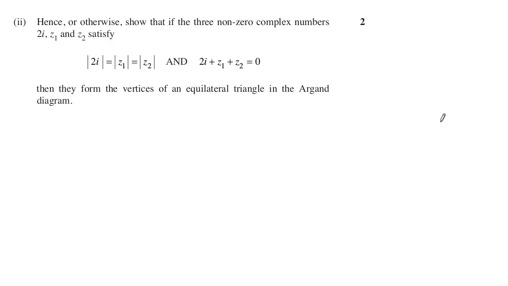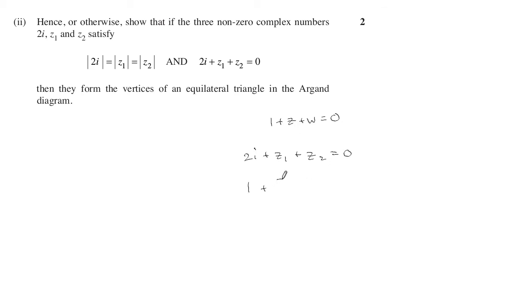Part 2. Okay, so we have to find the connection between this one and part 1, which was saying that if 1 plus z plus w equals 0, then these will form the corners of an equilateral triangle. So what's the connection between this and this? Well, what we could do is take this equation and divide everything by 2i.